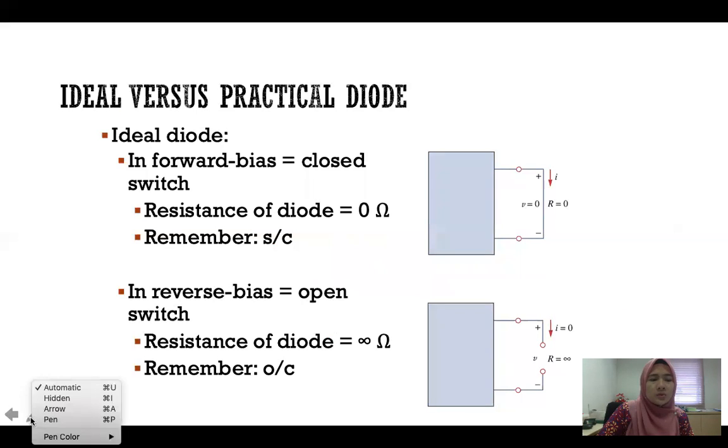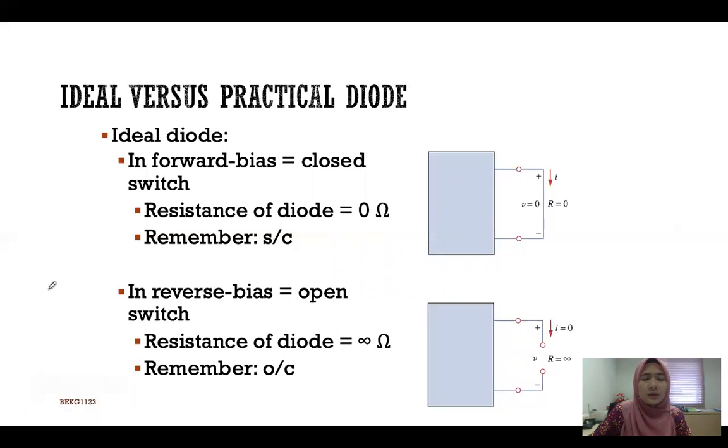This also explains the ideal diode in forward bias and reverse bias in more detail than the previous slide. You look at here, in forward bias, the diode acts like a closed switch. Actually over here you have the diode, but in forward bias, it acts like a closed switch.